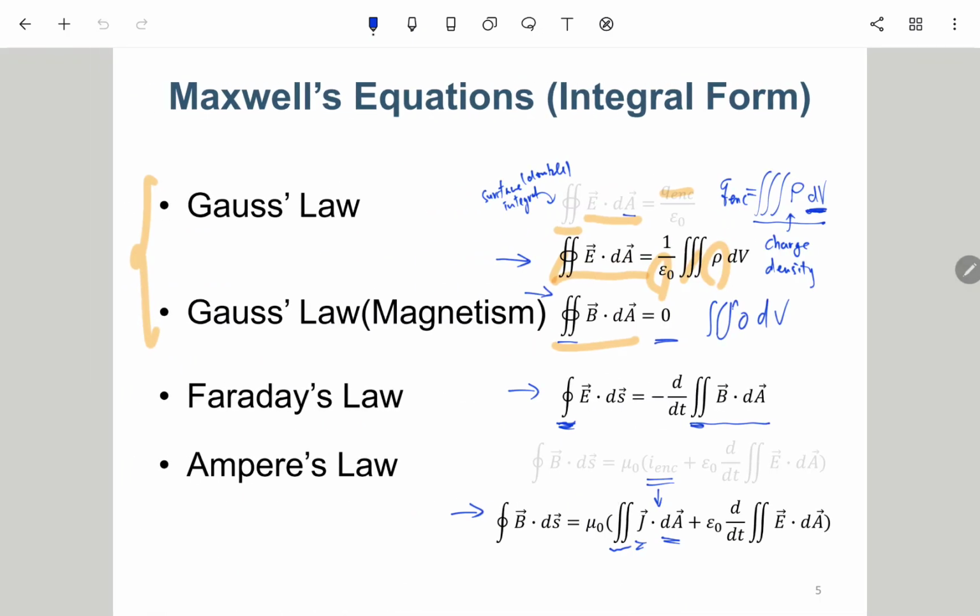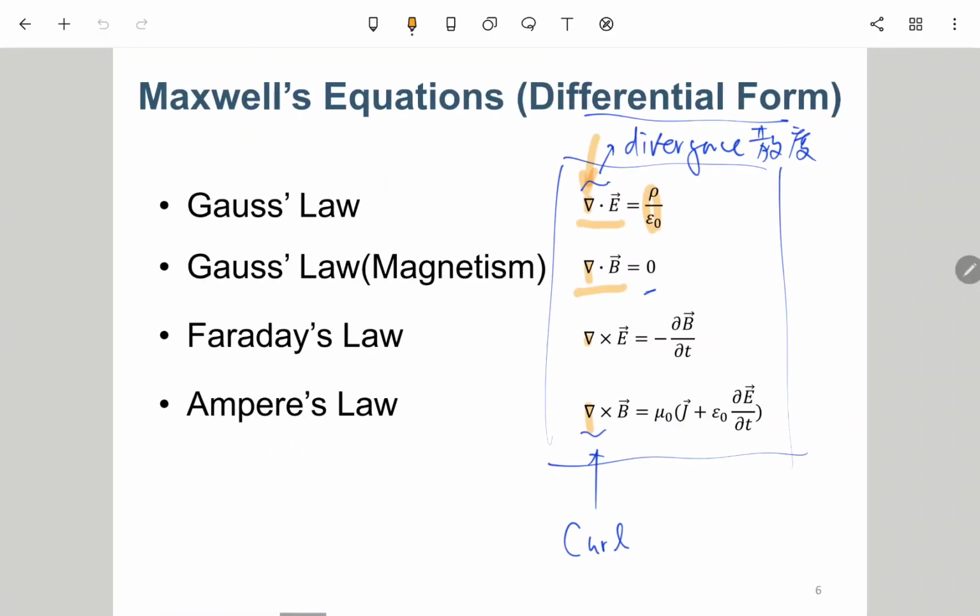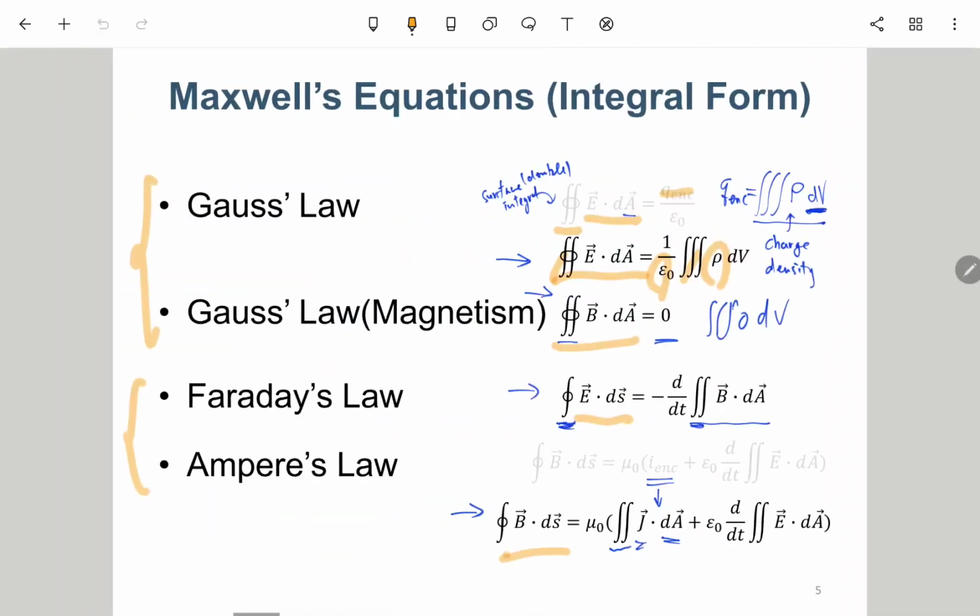And then for the third and fourth, Faraday's law and Ampere's law, on the left side is the line integral for the E field and the line integral for the B field. They turn into the curl of E and the curl of B. So you can see the similarity here. Also here, we skip the integration sign.